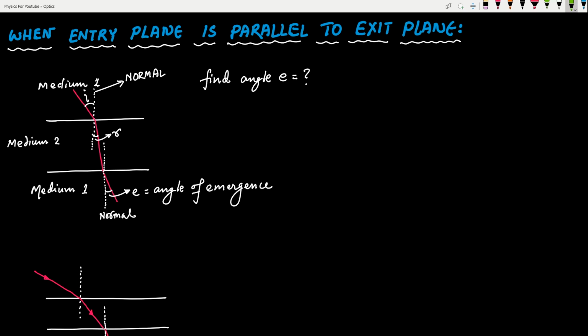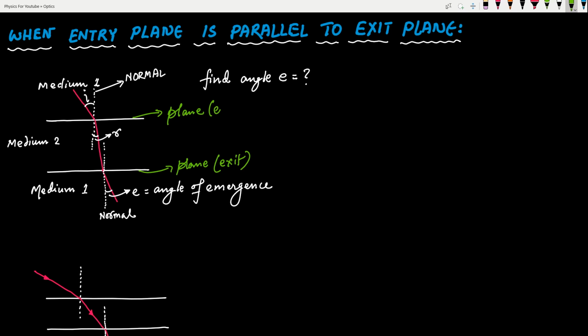Now we will look into a concept which says what happens when light rays enter a medium in such a way that the plane of entry is parallel to the plane of exit. As you can see, the entry plane is parallel to the exit plane. This is the plane through which the light is entering, and this is the plane through which the light is exiting.